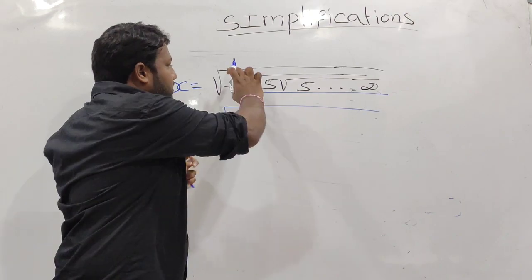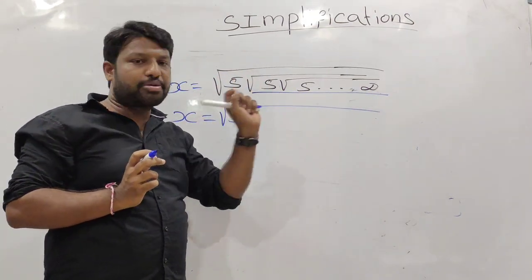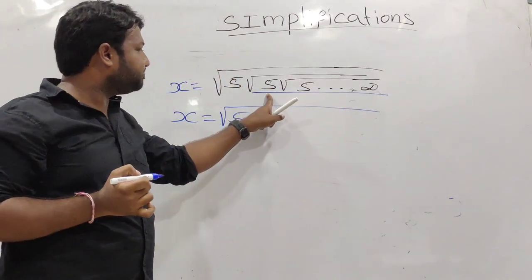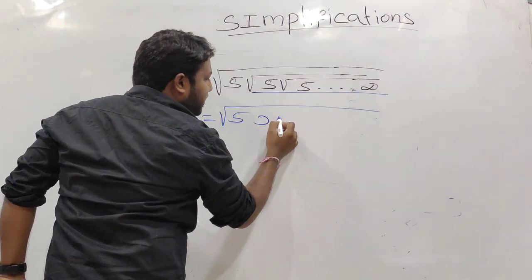So I am leaving only the root 5 and taking all the remaining as x. Approximately it is equal, not exactly equal, but approximately this total value is also x.